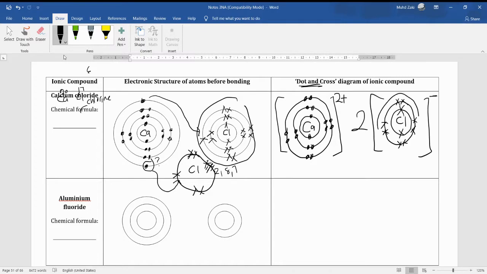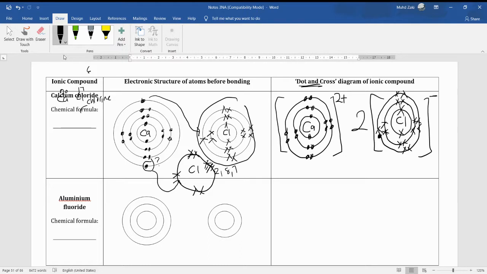Just now chlorine had an electronic configuration of 2, 8, 7. Now it's 2, 8, 8. Okay, the last shell must have 1 dot here to show that this electron is from calcium.